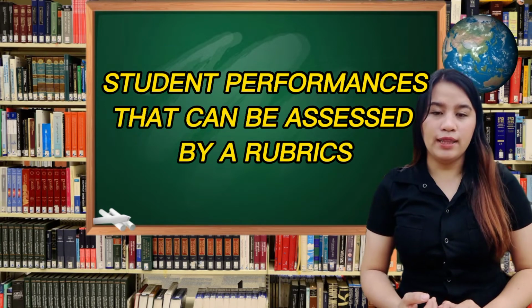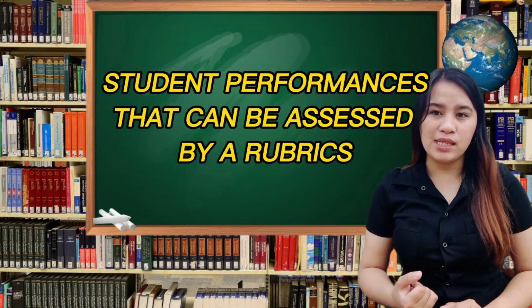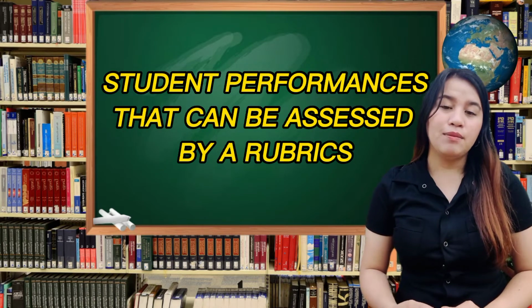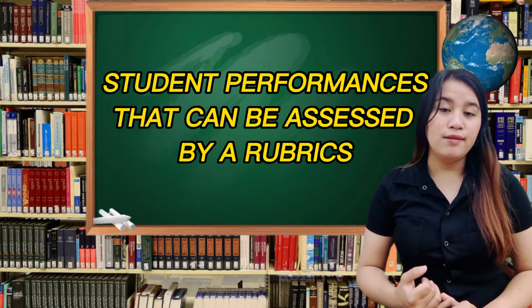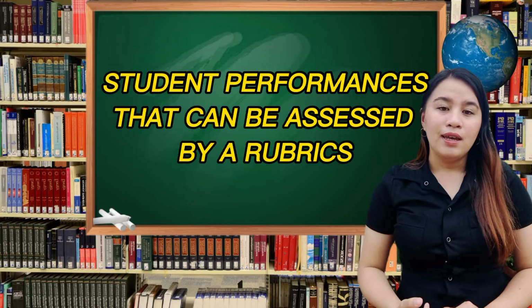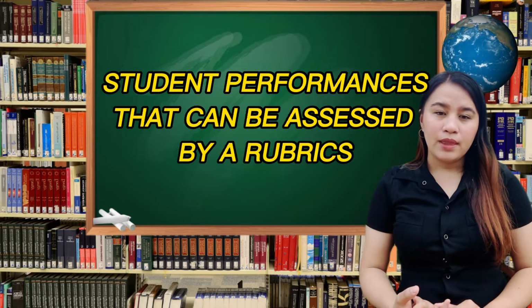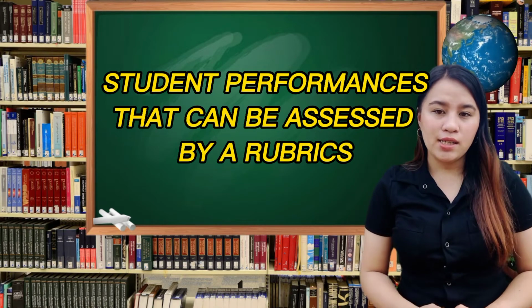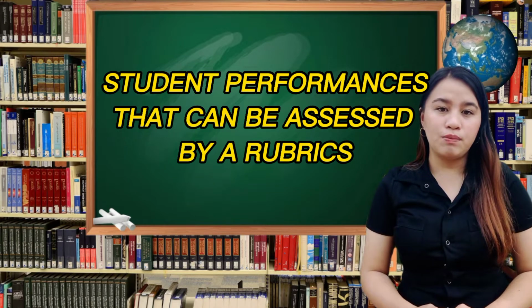Number 2, the dramatic and creative performance such as dance recital, performance in a play or a musical, and playing a musical instrument. Number 3, the public speaking, which includes the debate, declamations, panel discussion, and inspirational speech.